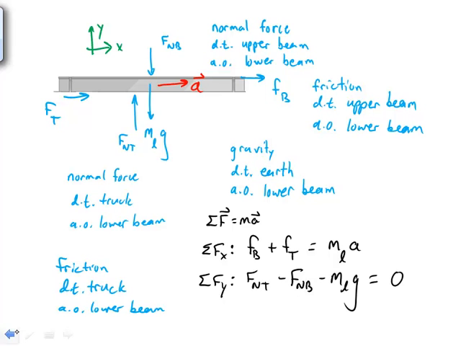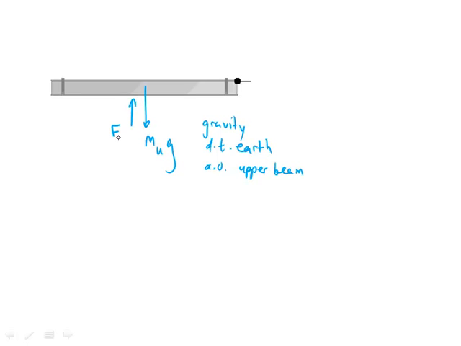Now if we go back to the other diagram, it's going to be right here. Switch upper and lower beam. It's a normal force due to the lower beam acting on the upper beam. I'm going to use the same lettering because it's equal in magnitude, but it's opposite in direction. So FNB is a normal force due to the lower beam acting on the upper beam.